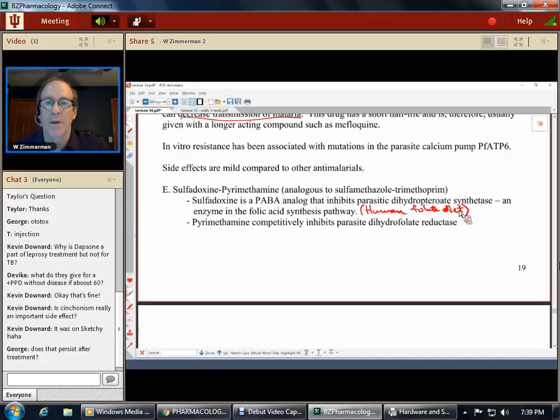And pyrimethamine will act very much like the trimethoprim. It's going to inhibit the dihydrofolate reductase, the DHFR. Not very toxic compared to some of the other drugs. The thing is, when you're going to a particular area, you're going to know what works in that particular area. What's the common type of malaria, and what have people been using?